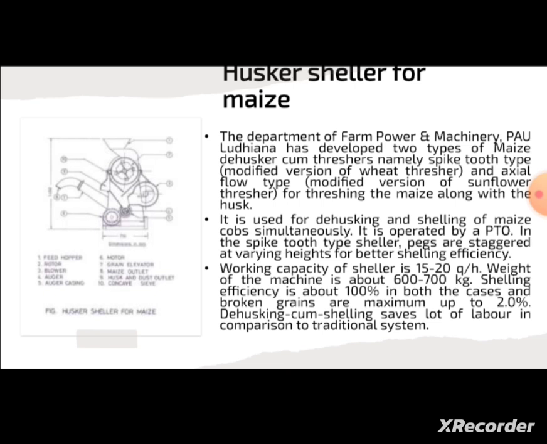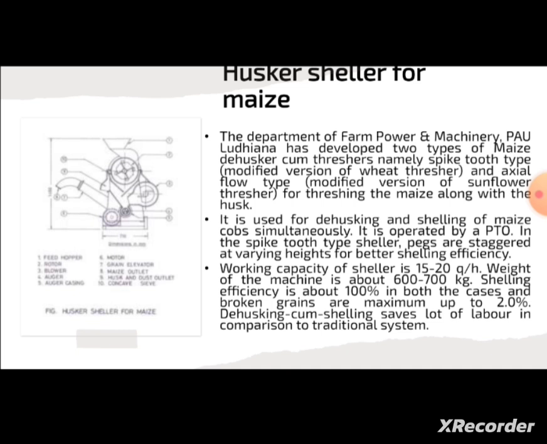This was developed by the Department of Farm Power and Machinery, PAU Ludhiana, Punjab Agricultural University. It has been developed for two types of maize dehusker cum thresher, namely spike tooth type and axial flow type, for threshing the maize along with the husk.